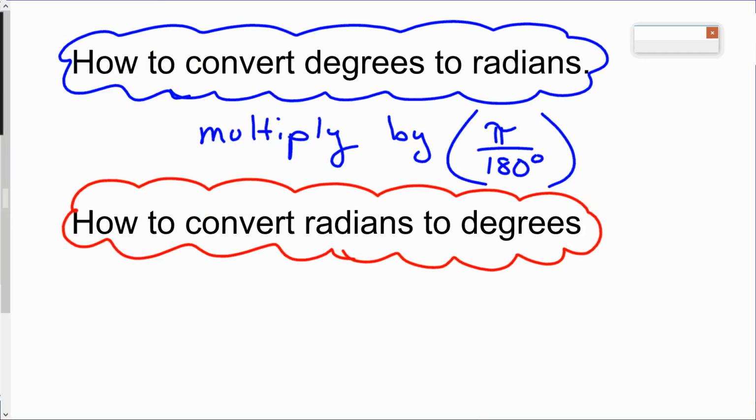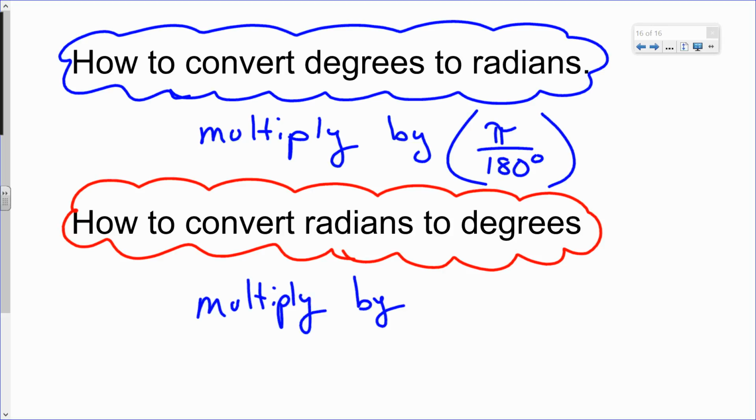We do the opposite, the reciprocal. Multiply by 180 over pi. I'll show you a few examples when we're done for the day.